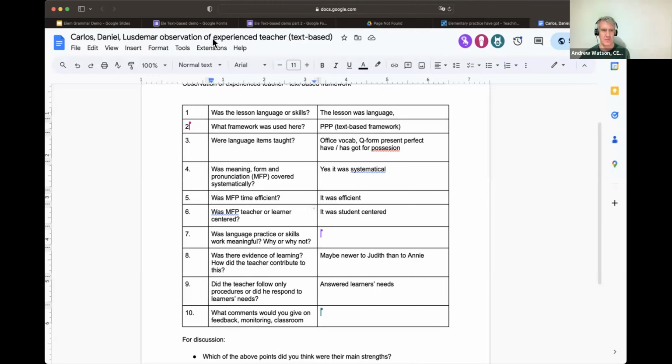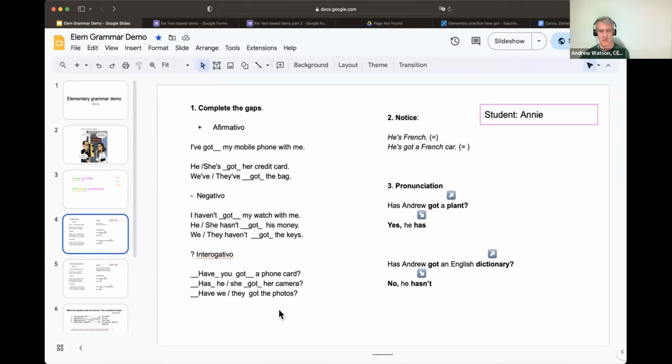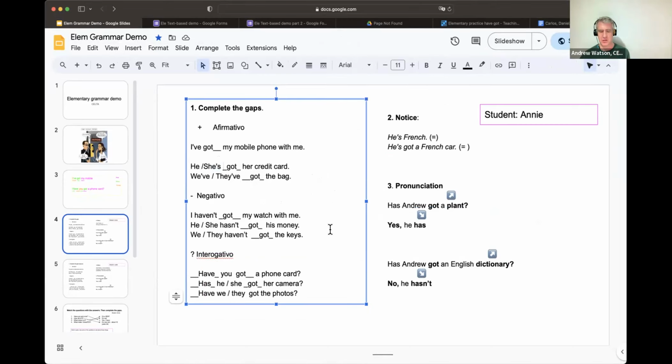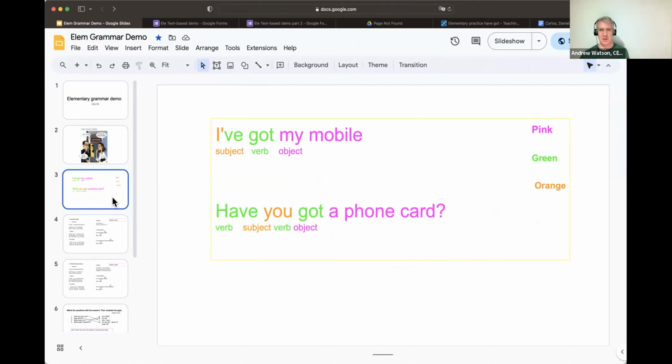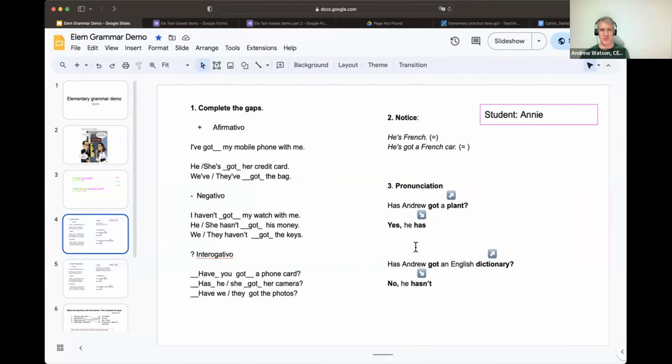The form was to do with this table, right? Pointing out that they needed to use the apostrophe S in the third person, and that they needed to invert the subject and the verb in the interrogative form. The pronunciation, I tried to keep it simple with this.